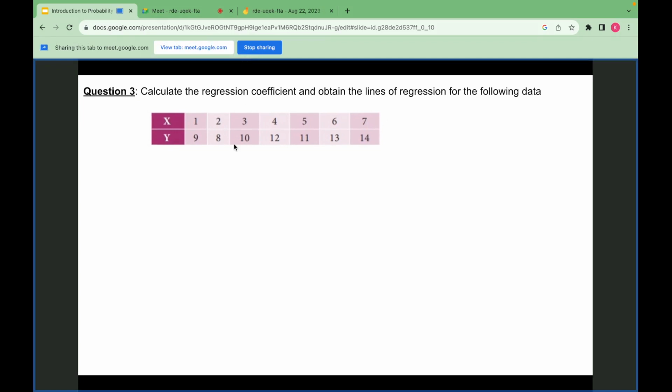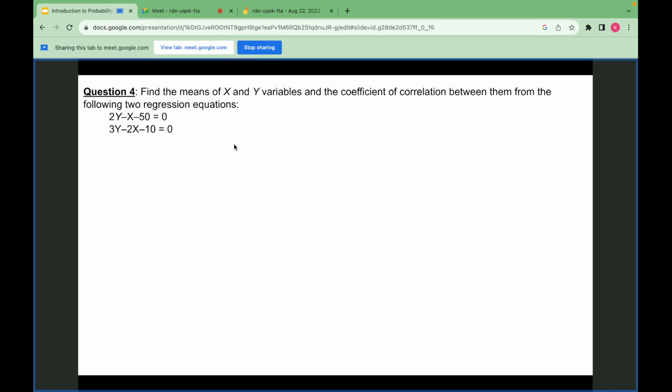Moving to the next question. We need to find the means of the x and y variables and the coefficient of correlation between them from the following two regression equations. So we are given two regression line equations and we need to find the mean of both variables and the correlation coefficient between them.